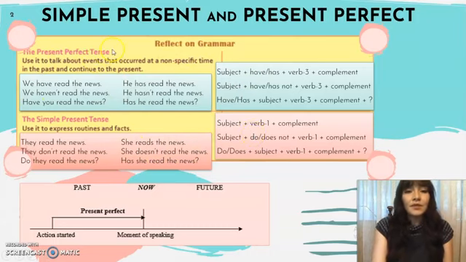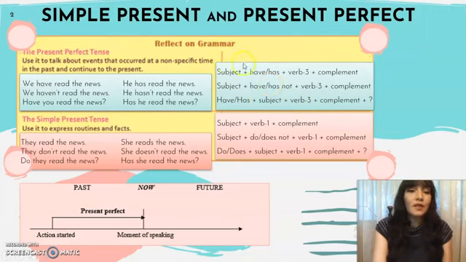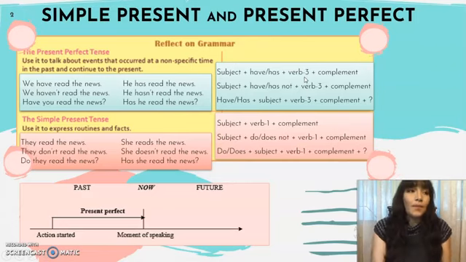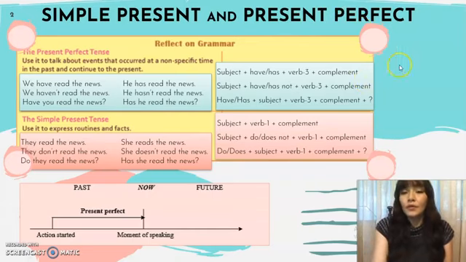In the present perfect tense, we work with the following structure. Subject plus auxiliary verb have or has, plus the verb in the third form, that is the past participle, and the complement. Here I wrote the number 3 because, as you know, the list of verbs has three parts.